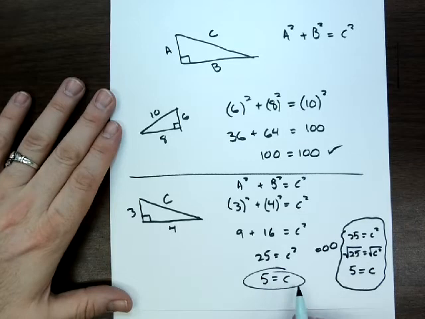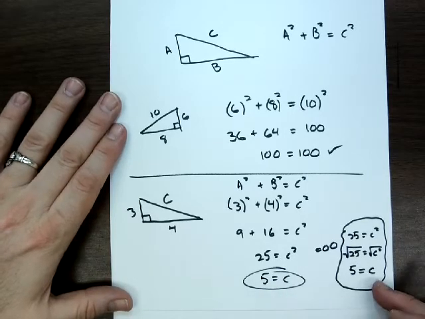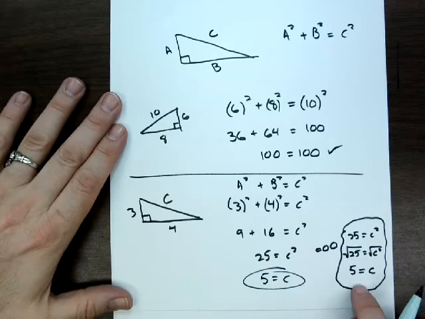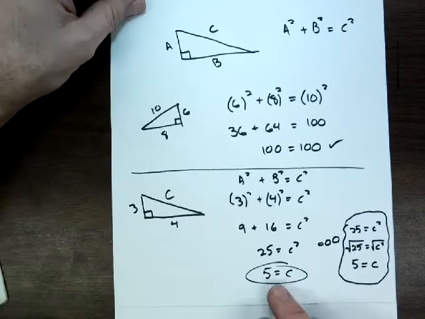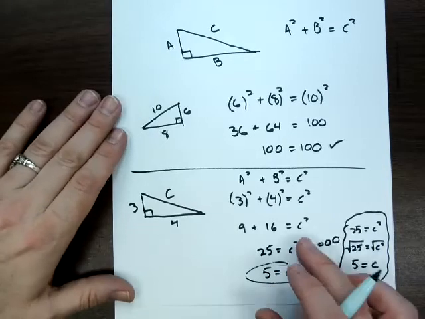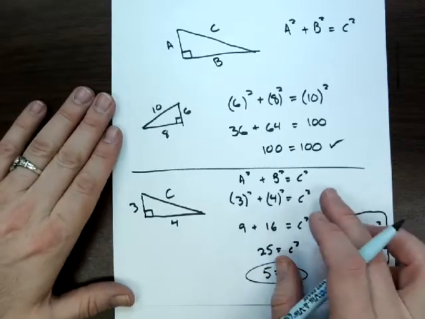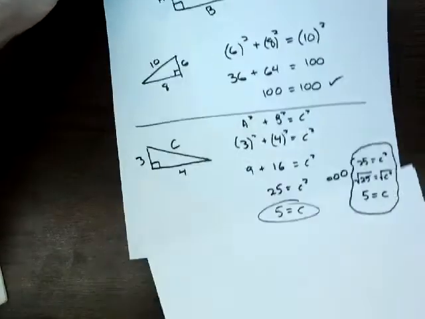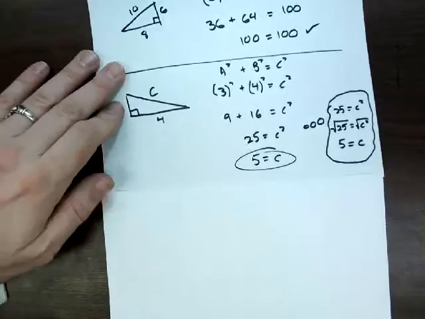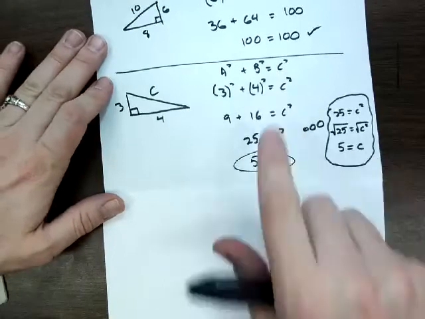Now, this is actually an incomplete process. There's actually another answer that would satisfy a square root, but we're not going to talk about that just yet. In the meantime, we're going to work with this. I could just take the square root of both sides of this equation.